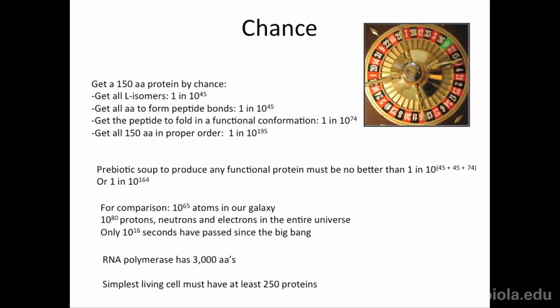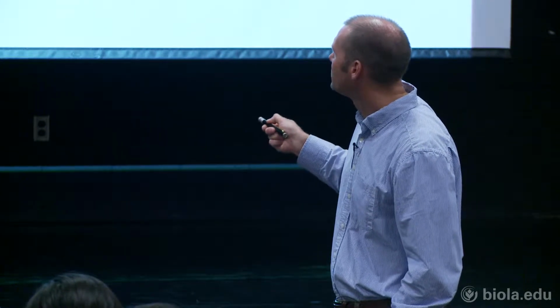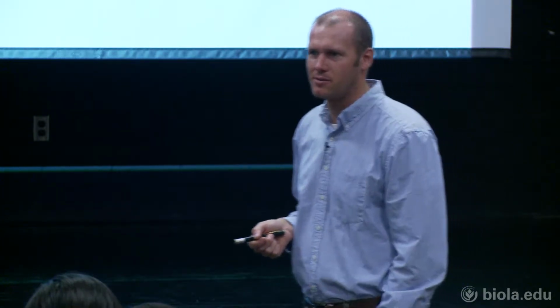And there have only been 10 to the 16th seconds since the Big Bang. Even if you did 1 per second, you still would not come close to 10 to the 164 power. So it can't just be chance.